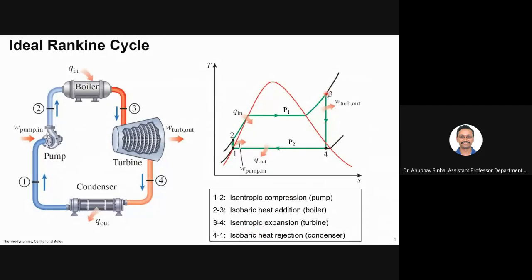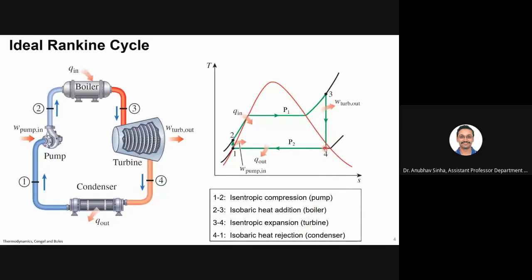Okay, so as we look into a real cycle, generally by the second law, entropy always increases. Okay, but for an ideal cycle, we assume that the process is isentropic. So it goes from 3 to 4. So isentropically, it comes down as a straight line, and then it is slightly inside this vapor dome.